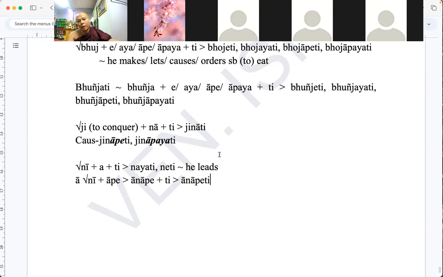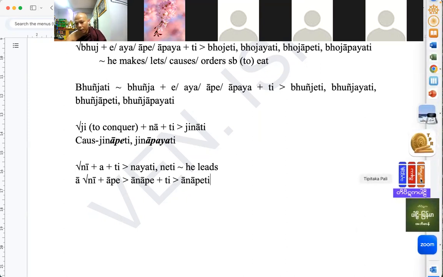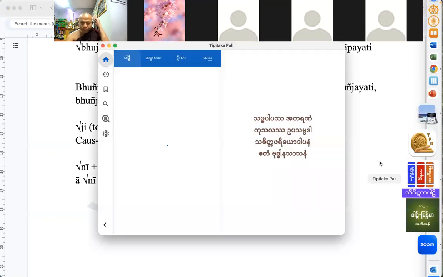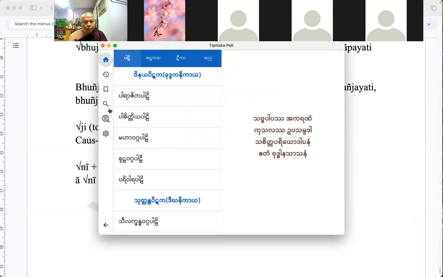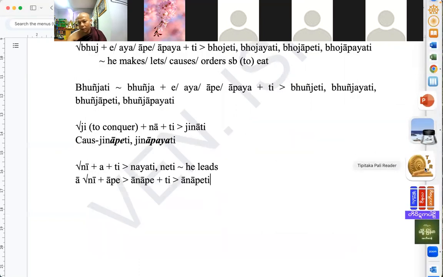So okay, the other dictionary, maybe it's just in Burmese. Yeah, maybe it's the other one.